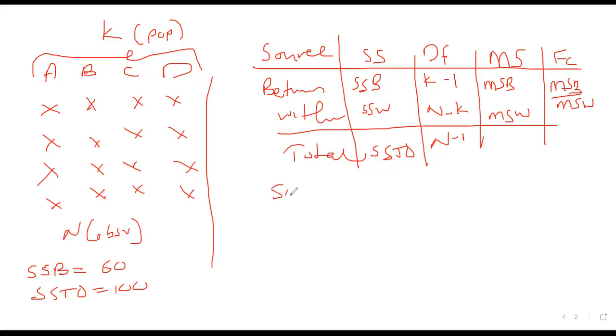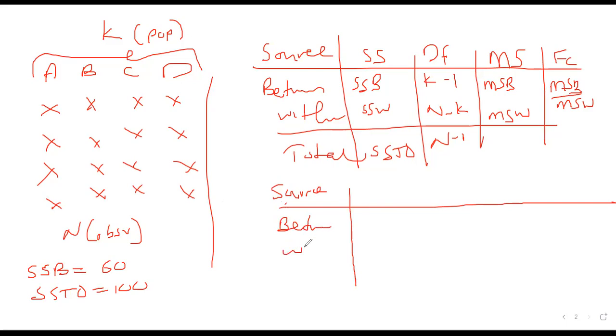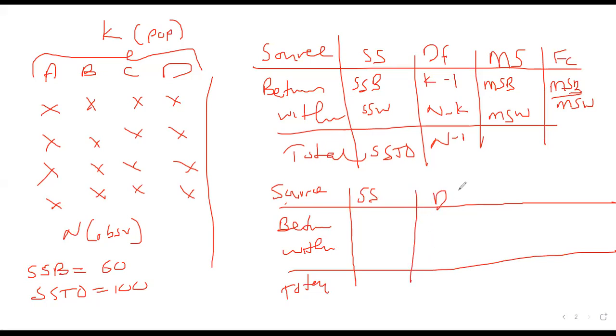We're going to fill in this table: between, within, and total. So SS, degrees of freedom, mean of squares, and F calculated.